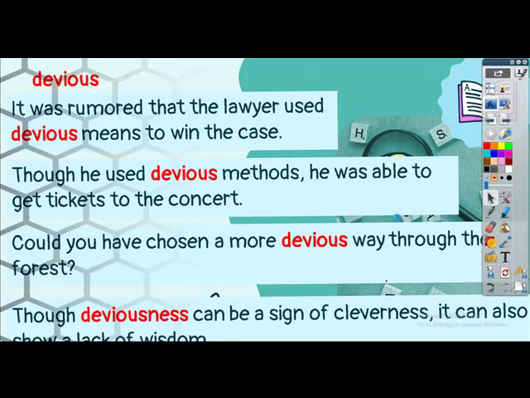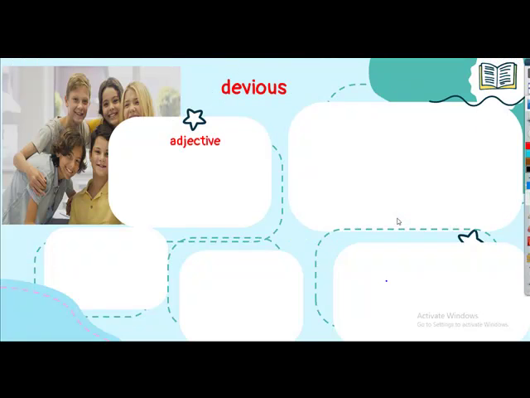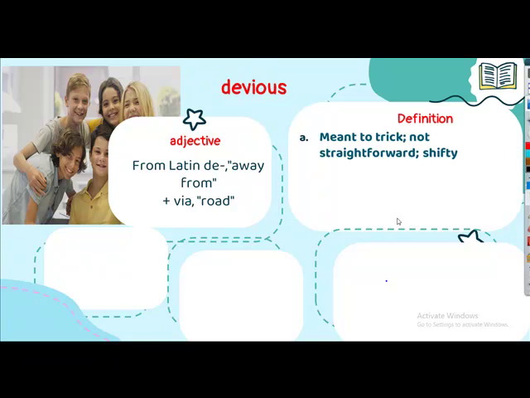The dictionary says devious is an adjective. De- here means away from. The definition: not straightforward, or shifty. Here, departing from the correct or accepted way. Do you remember the way in the forest?